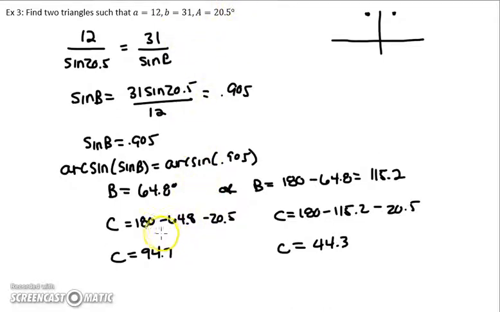But I want to go back to that first example, because on this one we found arc sine of 0.905, got 64.8, and then we said, well, we could also use 180 minus 64.8, or this 115.2, and get another triangle. And we didn't do that on the first example. So let's go back to that first example and show why we didn't do that.